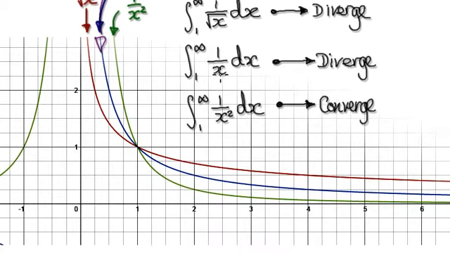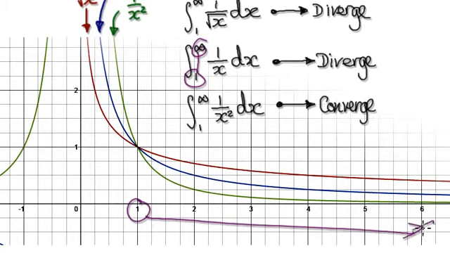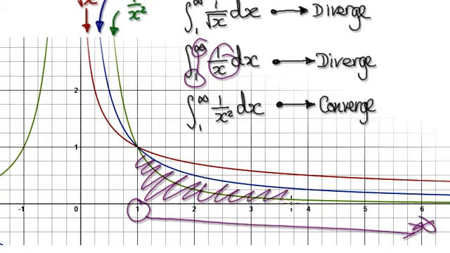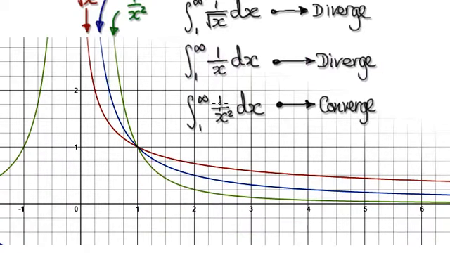If you're trying to find the area from 1 to infinity of the blue line, this area here will just get larger and larger and larger. It will diverge. But if you look at 1 over x squared, that's this green line here.